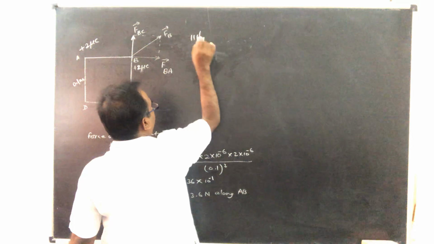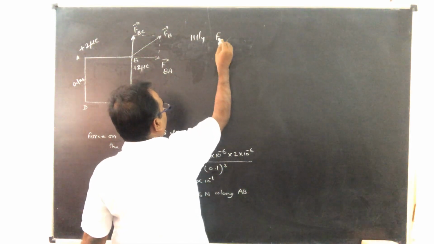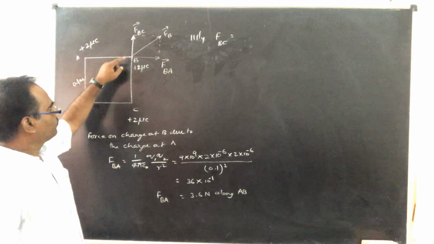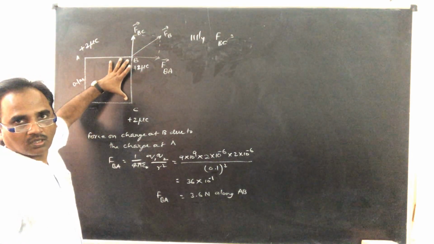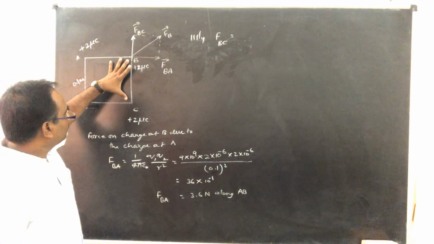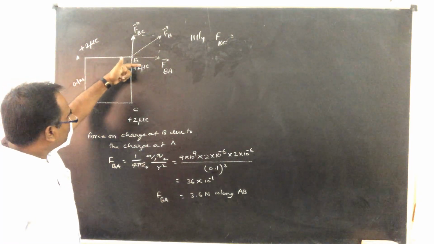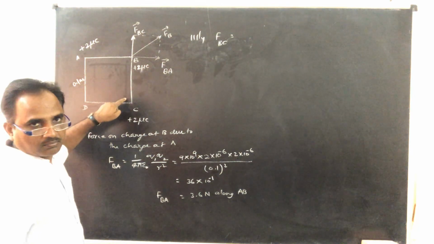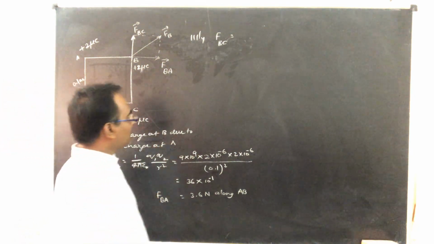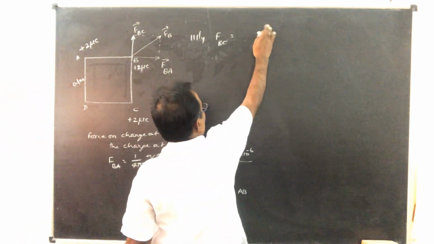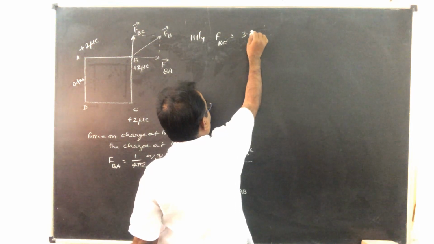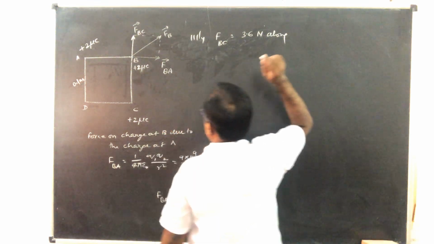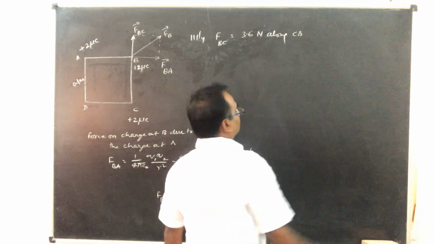Similarly, FBC, this one. To find this FBC, here also the two charges are same. The distance is also same. So obviously if you do this calculation, it is 3.6 Newton along CB.